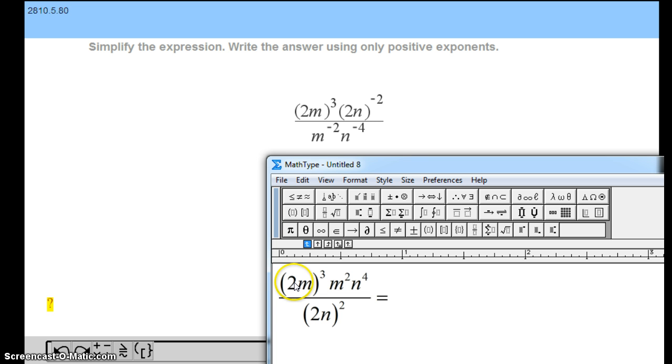Now we want to distribute these exponents. Because we have 2m to the 3, it's 2 to the 3 times m to the 3. 2 to the 3 is 2 times 2 is 4 times 2 is 8, m to the 3. Then we have m squared and n to the fourth over, and then we distribute this exponent, so 2 to the 2, that's 4, n to the 2.